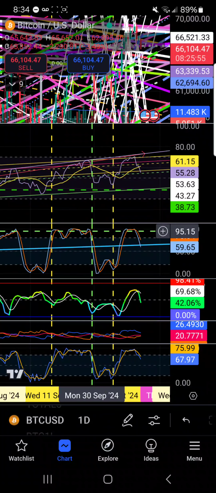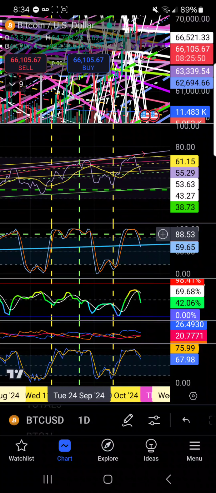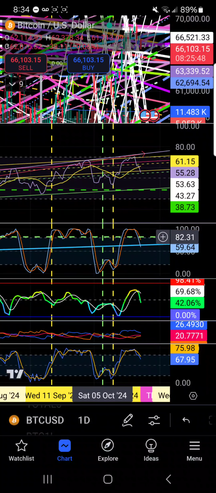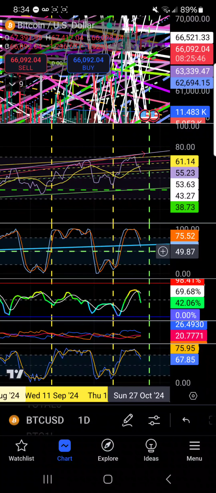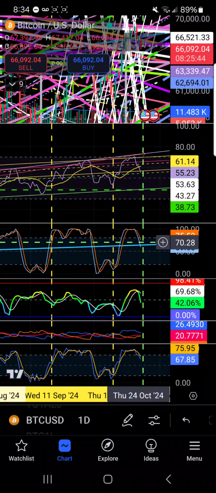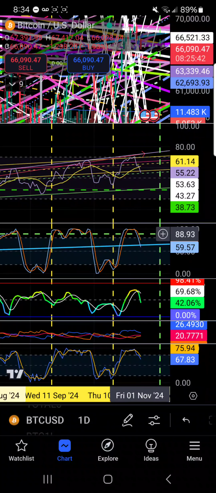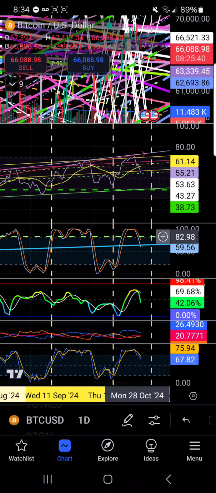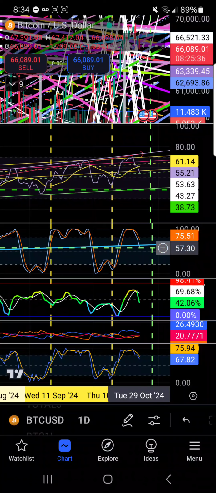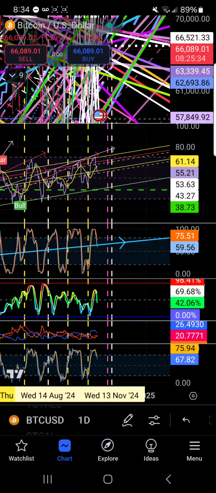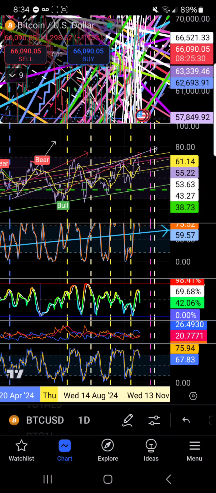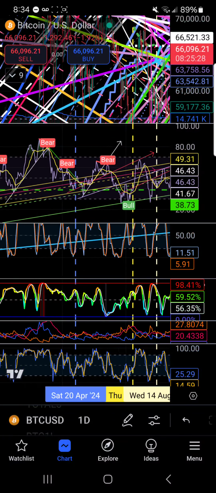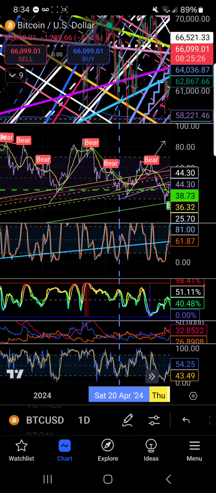Also here when we did cross down, we had been up on the stochastic RSI for quite some time. Here, not so much. Maybe we just get a little bit of a dip here and then come back up. That's certainly possible here. Maybe we stay above that green line, which I don't even know what that is, but it's something, right? What is that green line?